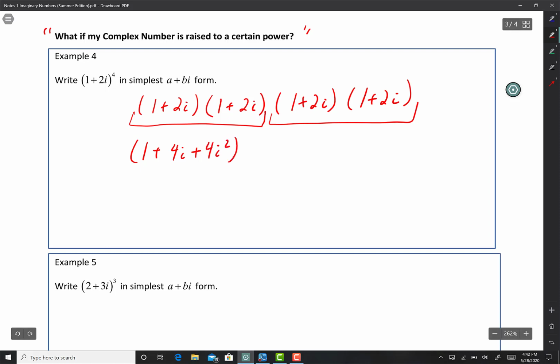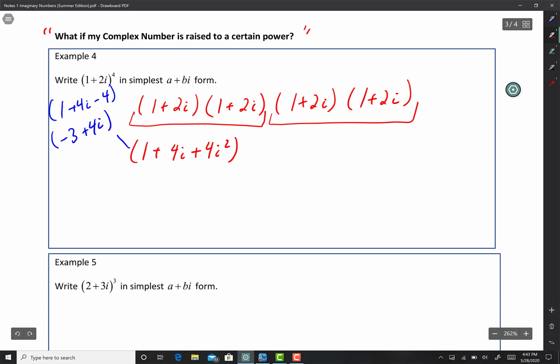Now, remember what we said, that i squared was equivalent to negative 1. So what you really have is 1 plus 4i minus 4, because i squared is negative 1. And when you do that, 1 minus 4 is negative 3. So negative 3 plus 4i.